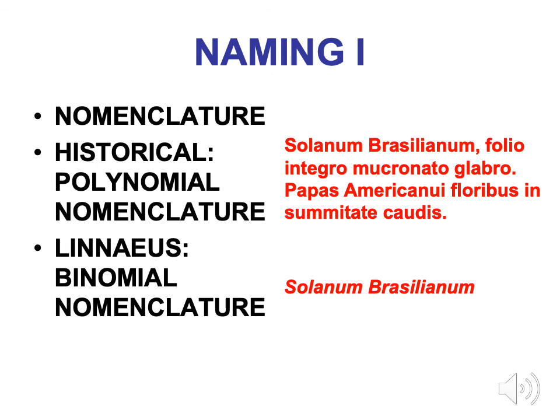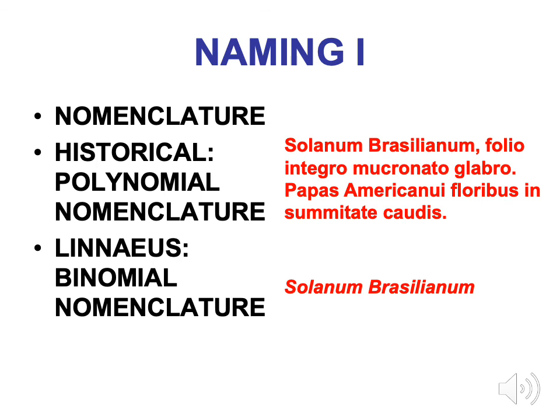Obviously from Brazil, obviously with certain characteristics of the leaves, that's folio. Mucronado talks about the tip of the leaf. Glabro says that the leaf surface is smooth. Pappus floribus insumati is telling me about where the flowers are. So here is a description that tells me all of the features of this plant that really establish it as being unique from all other nightshades, from all other plants.